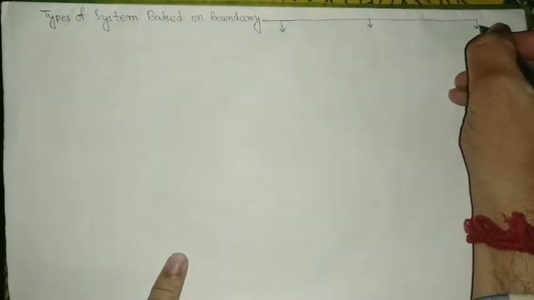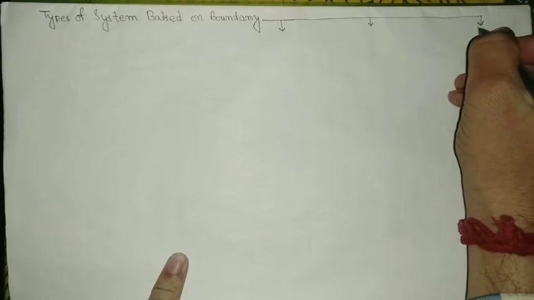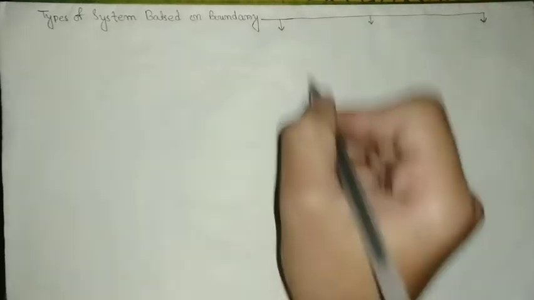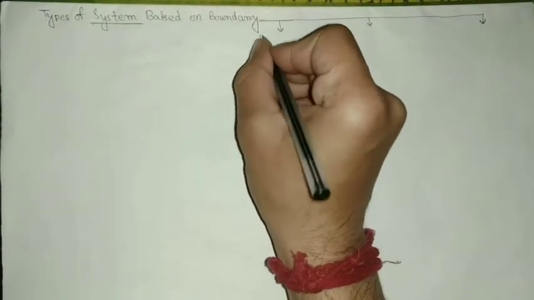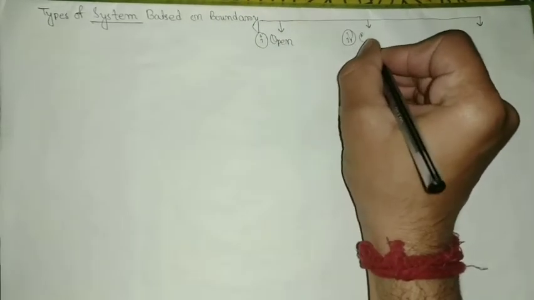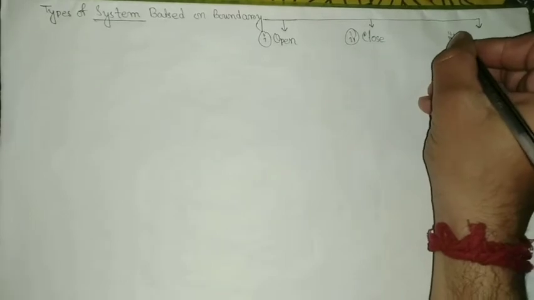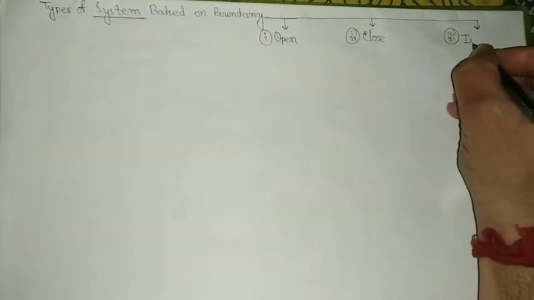With the help of these two types of boundary, we can make three types of system. First one is open system, second one is closed system, and third one is isolated system.